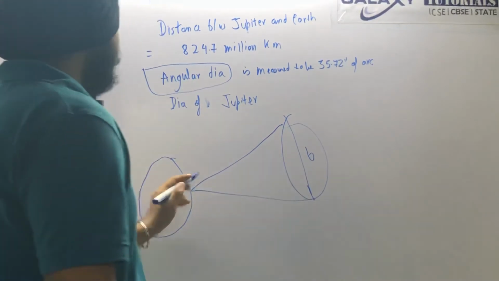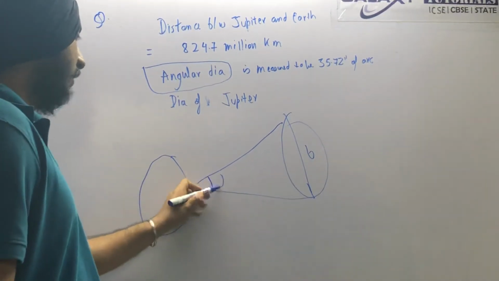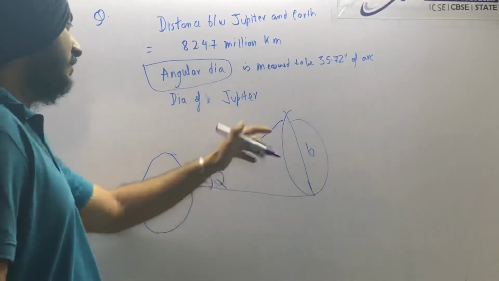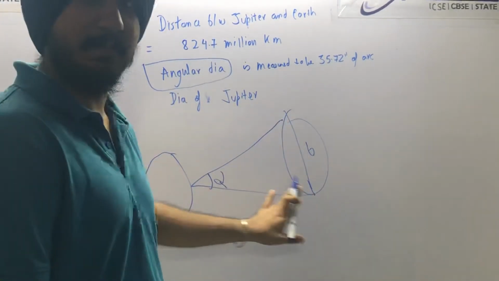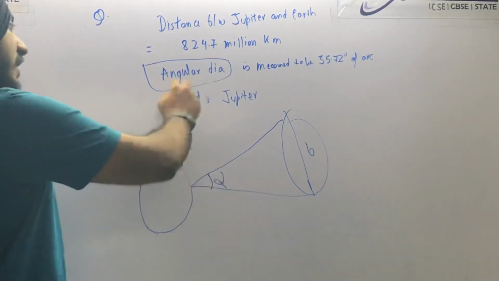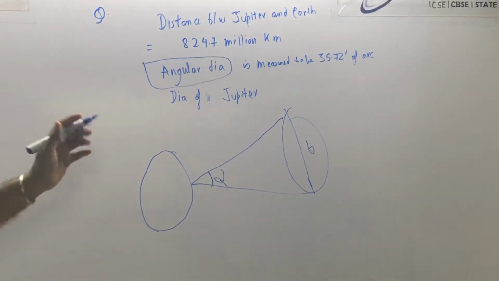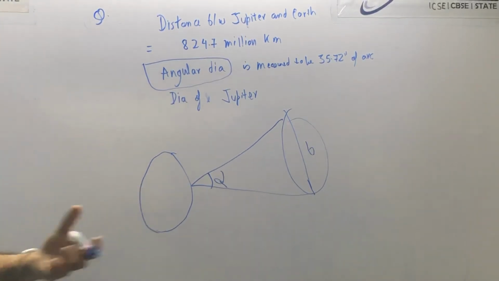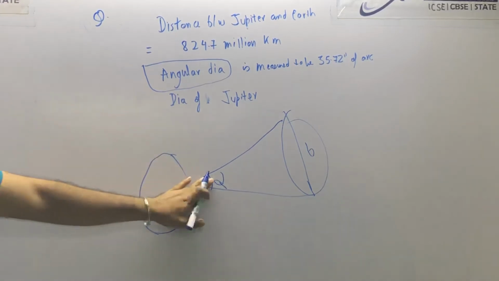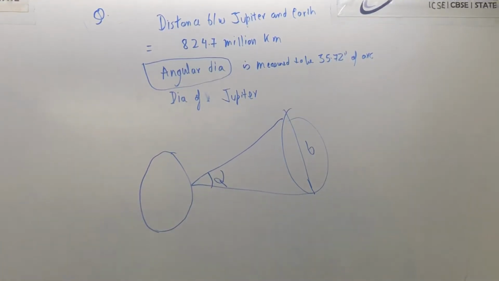This planet subtends the angle alpha, so this diameter is subtending this angle. That's why we call this angle the angular diameter. In some books you will see the word angular diameter; generally it is known as the angle of arc, but angular diameter is also a word for this angle.